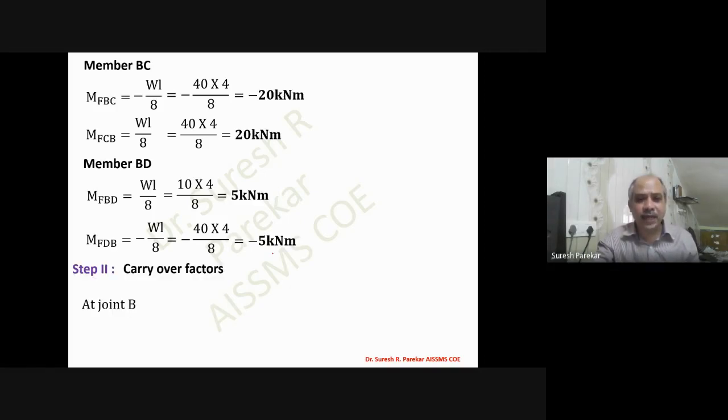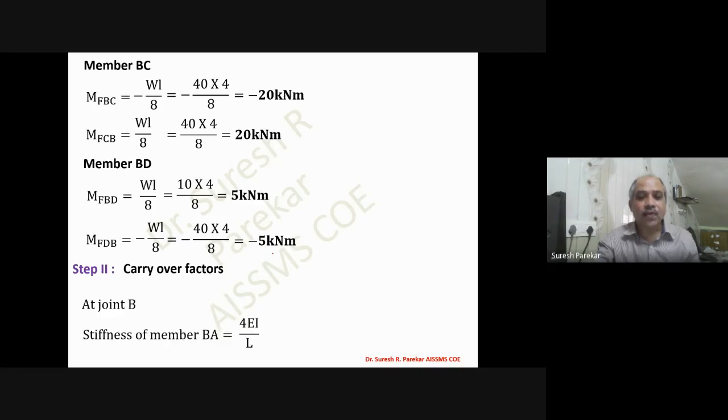Now step 2, we have distribution factors. We have joint B only, where all these members meet. All the far ends, that is end A, end C, and end D, are fixed, and therefore the stiffness is 4 EI upon L. Here L is 4 for all.